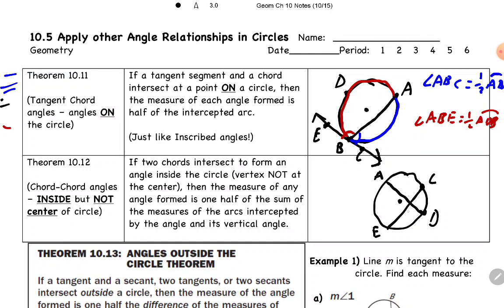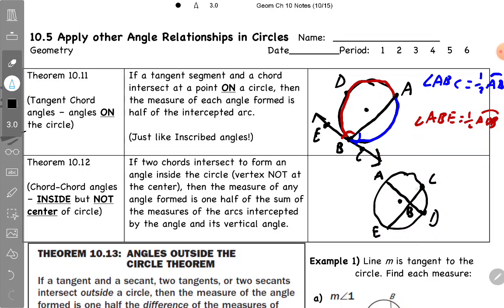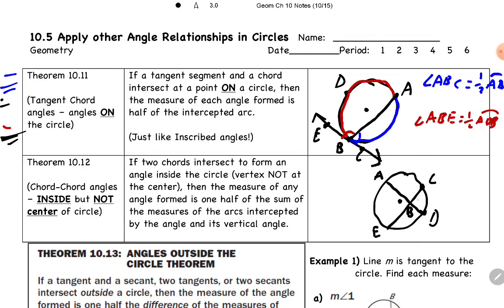B is in the middle here. So let's look at this angle. Let's call this angle 1.